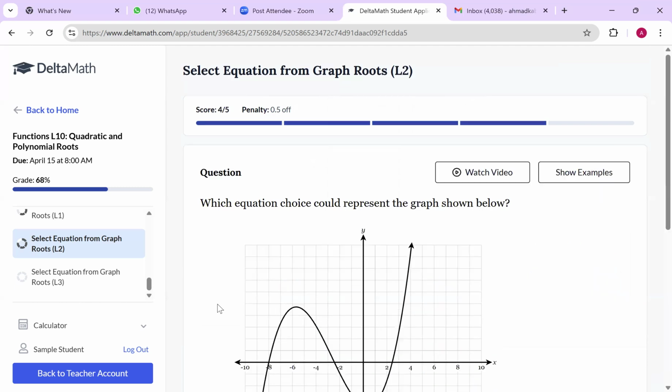Let's try one more. So again, here we have negative 8, negative 2.3, for example, and positive 2.3. So we have x plus 8, x plus 2.3, and x minus 2.3.